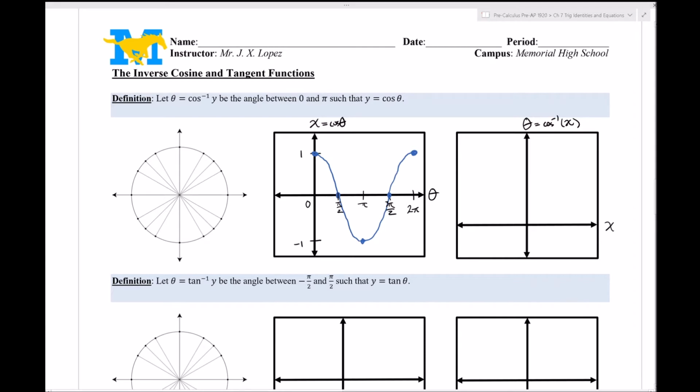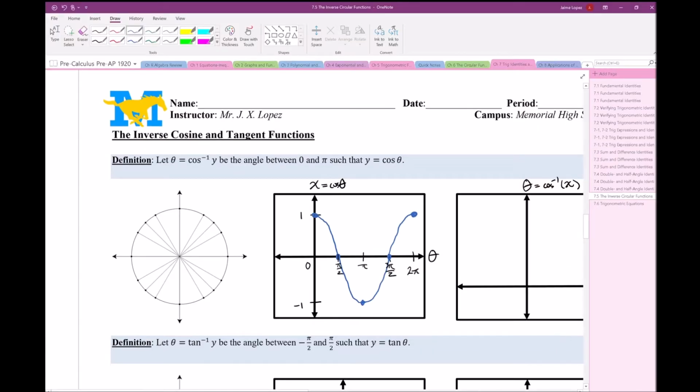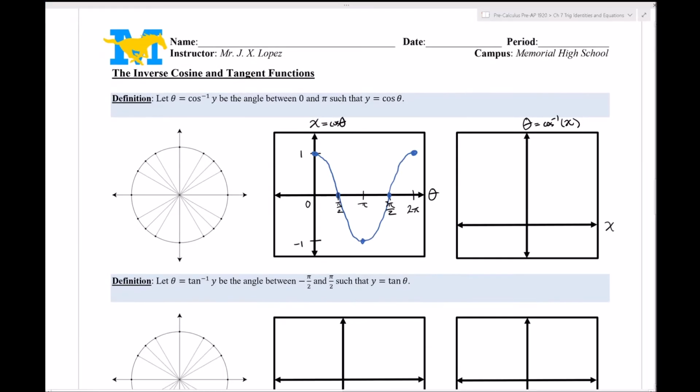Okay, so there's one period for cosine, and let me draw that one period, but inverted to the right. So here, if I try to draw the inversion, the x-coordinate ranges from -1 to +1. 0's here, 2 pi's up here, pi's down here, pi over 2, 3 pi over 2.